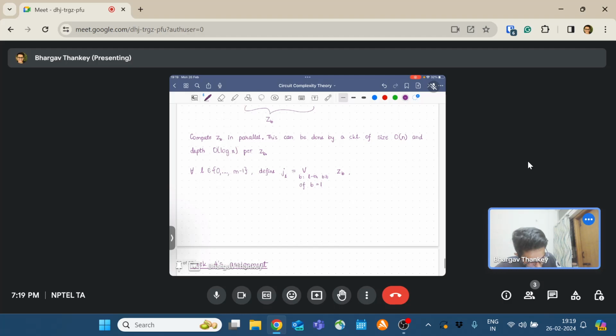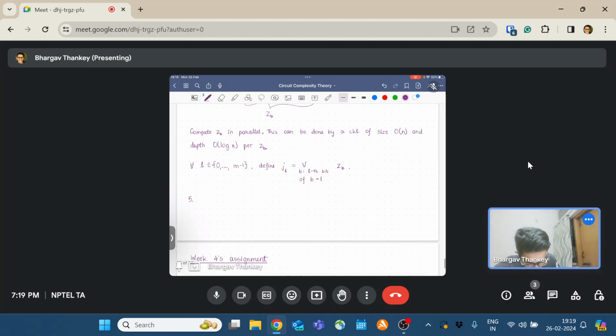The next couple of problems are about groups. The group Z cross P to the L has size P to the L minus P to the L minus 1, where P is prime.